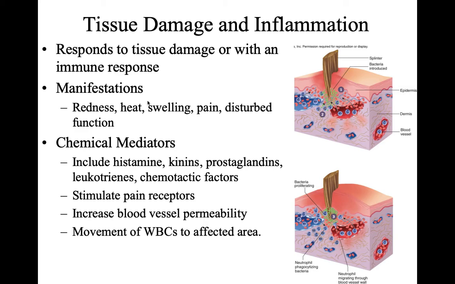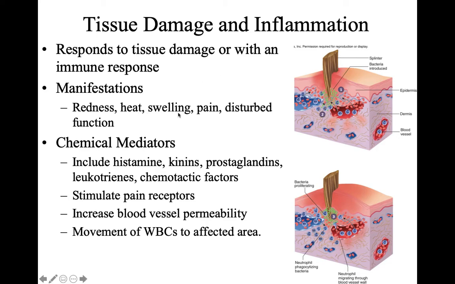Now, all these characteristics come out of some of the alterations that are going to actually occur in the area. So the redness is going to be due to additional blood vessels dilating or actually enhancing blood flow to the area. Same thing with heat. Heat is going to be added as we add extra blood to the area. We allow more blood to the area. That'll actually heat the area a little bit more.